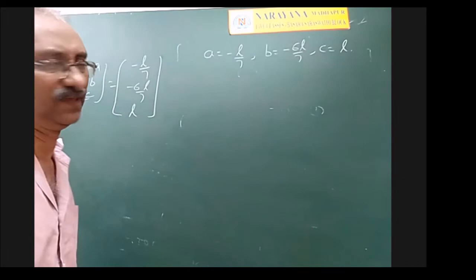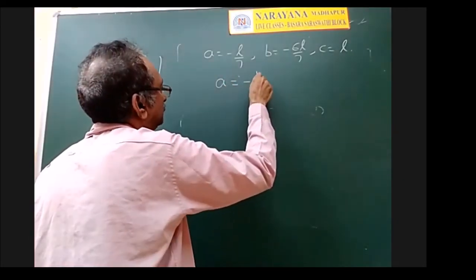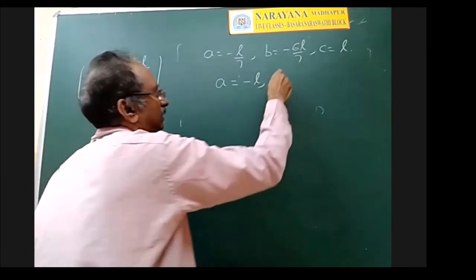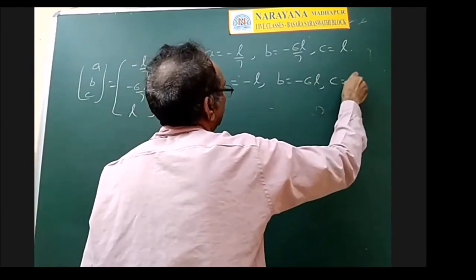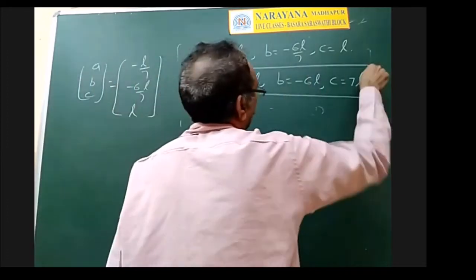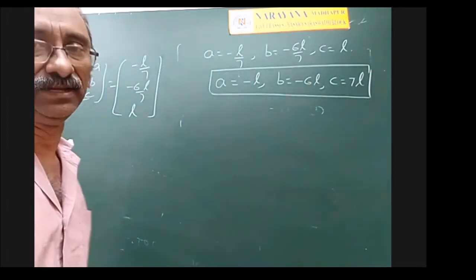Therefore, I multiply with 7. Therefore, the solution is of the form A is equal to minus L, B is equal to minus 6L, and C is equal to 7L. So the solutions are of this form: minus L, minus 6L, and 7L.